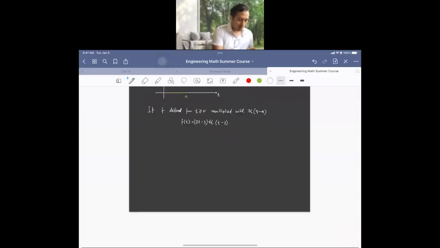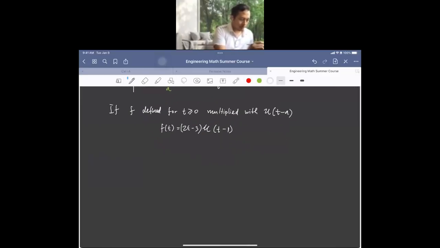Let me just write through the graph first. It will be 0 up until t equals 1. This is making it 0, right?